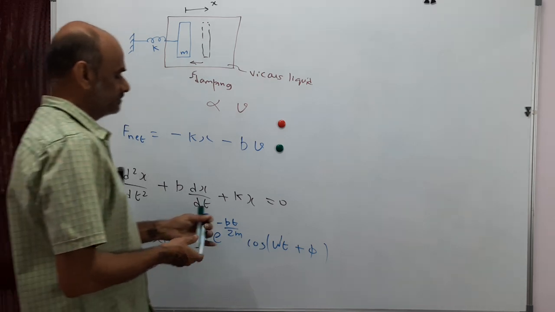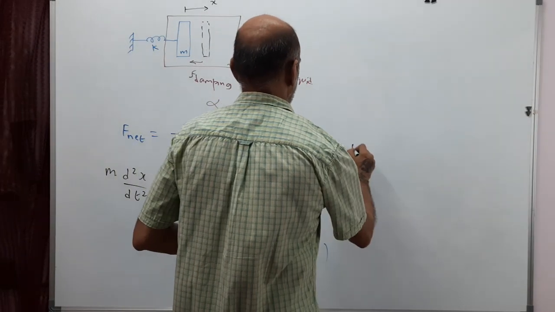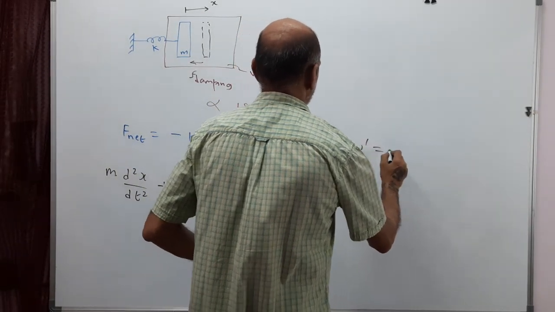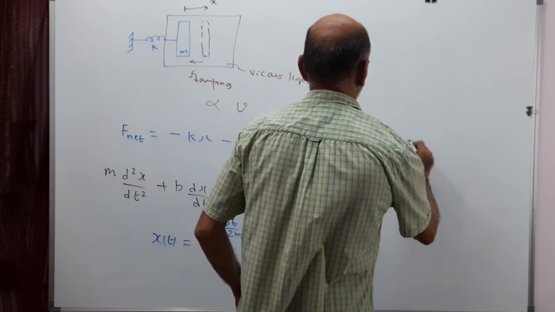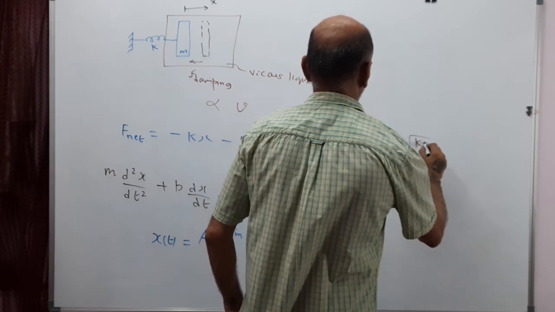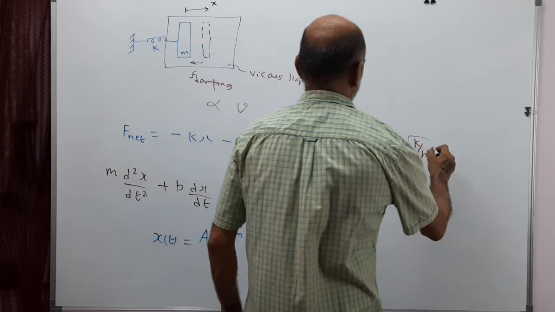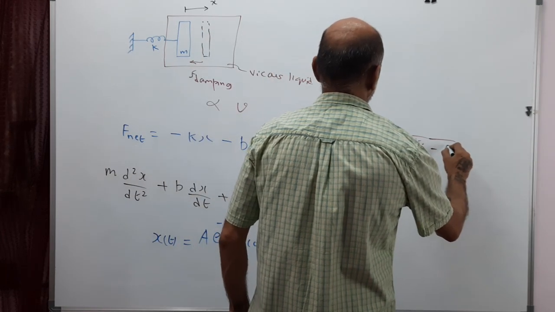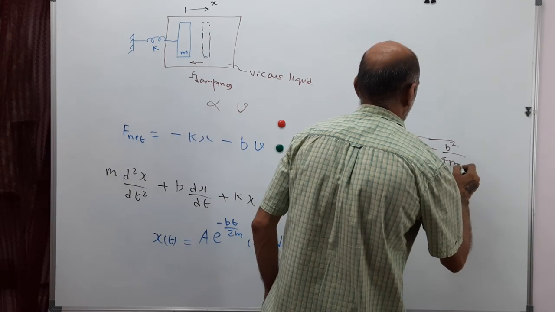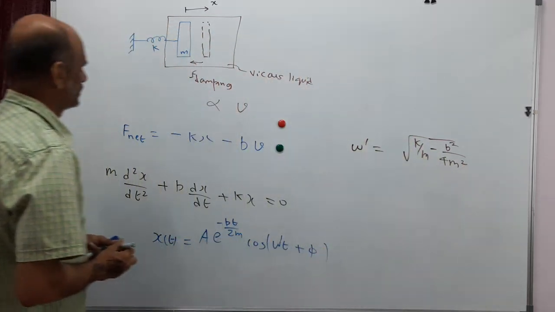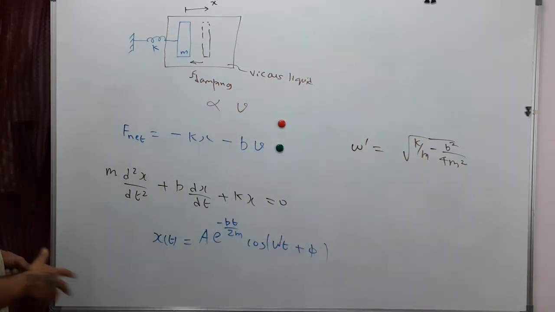And this omega prime, in the case of this undamped SHM, will be square root of k by m. But because of this damping, it will be different from this by a term. So this we have to remember.